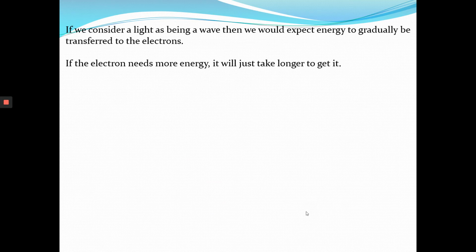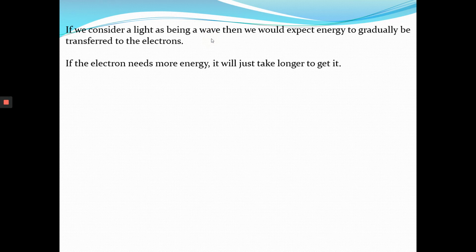So why does this prove that light is a particle then? Well, if we consider light as a wave, then a wave is a transfer of energy, just like a constant transfer of energy. That's what a wave is.